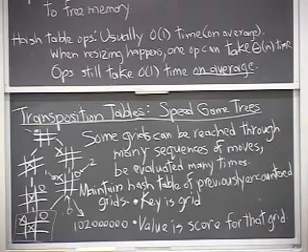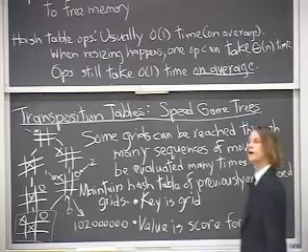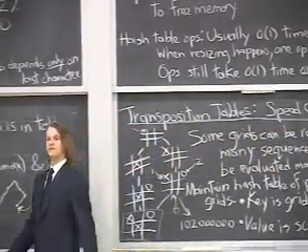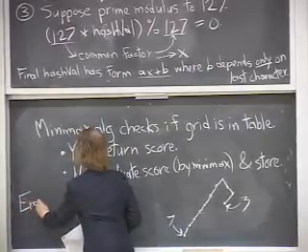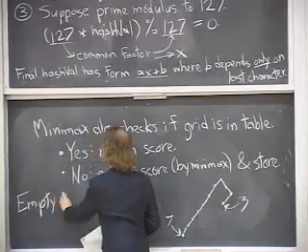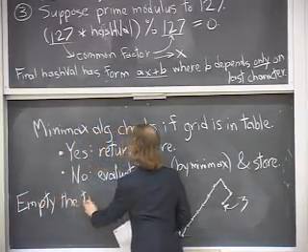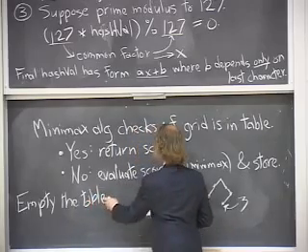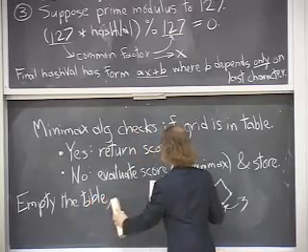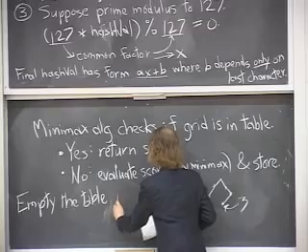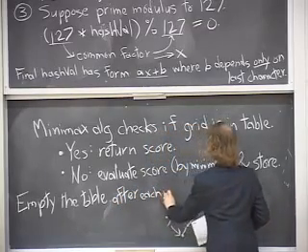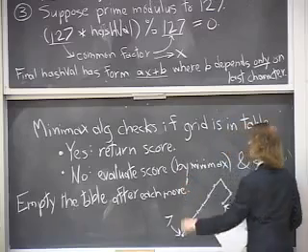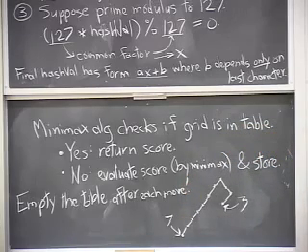Other questions? Okay, there's one last detail that you should keep in mind, which is after you make a move, you should empty the table and start fresh, probably. Why do I say that?